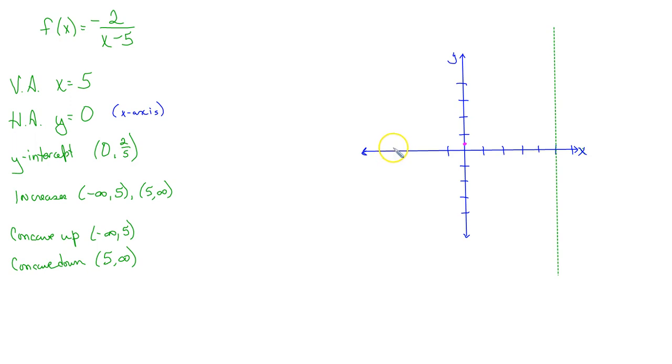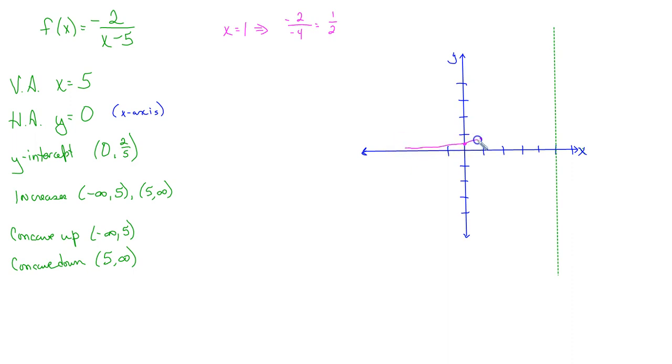So what happens, and you can plot a couple of points in here if you want to. If you want to let x be equal to 1, let's say, for example, if you wanted to plot one extra point, then this would give us -2 over -4, which would give us a positive 1/2. So we would be somewhere about here. Doesn't give us a great idea, but we get sort of an idea of which way this graph is headed.